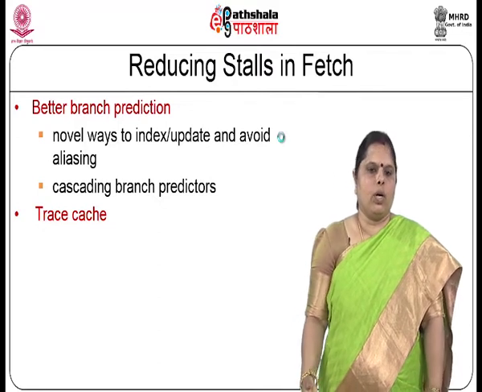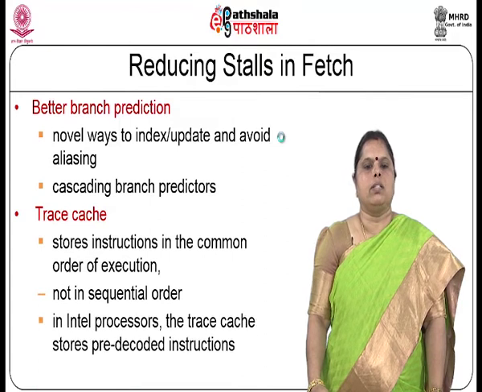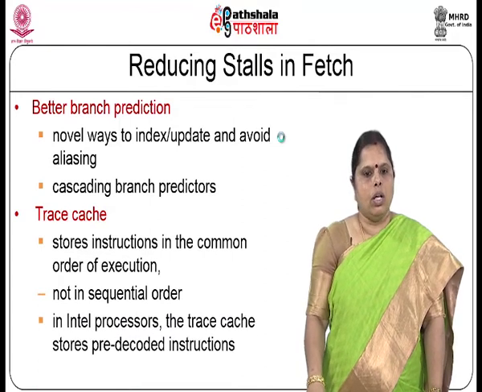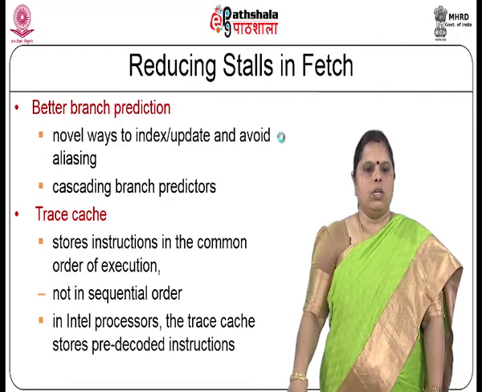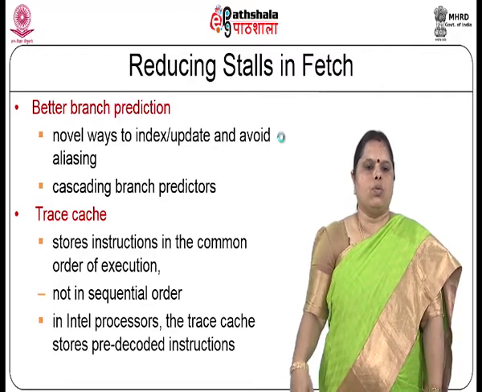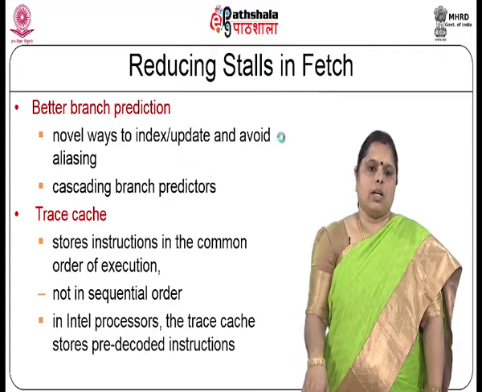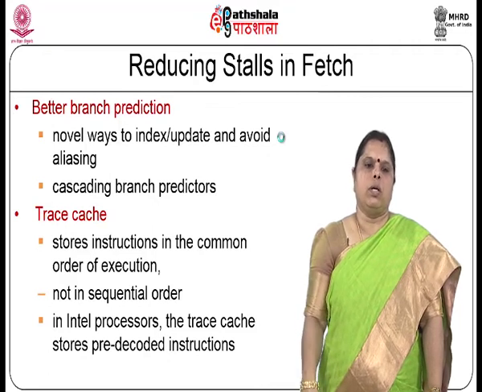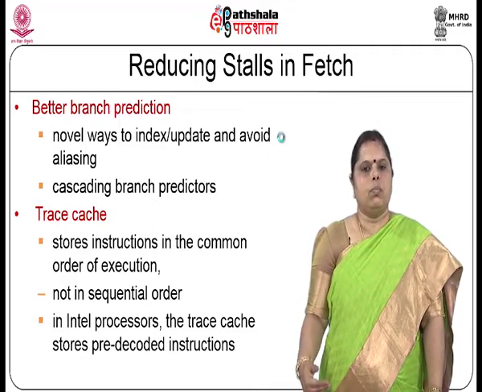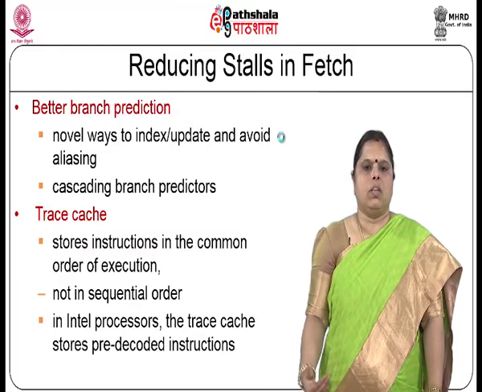You will also have to look at advanced techniques like trace cache, where you are not assuming a sequential flow, but you trace the actual flow of execution across different branches, and this actual trace is stored in a trace cache, and you try to fetch instructions based on the trace cache.